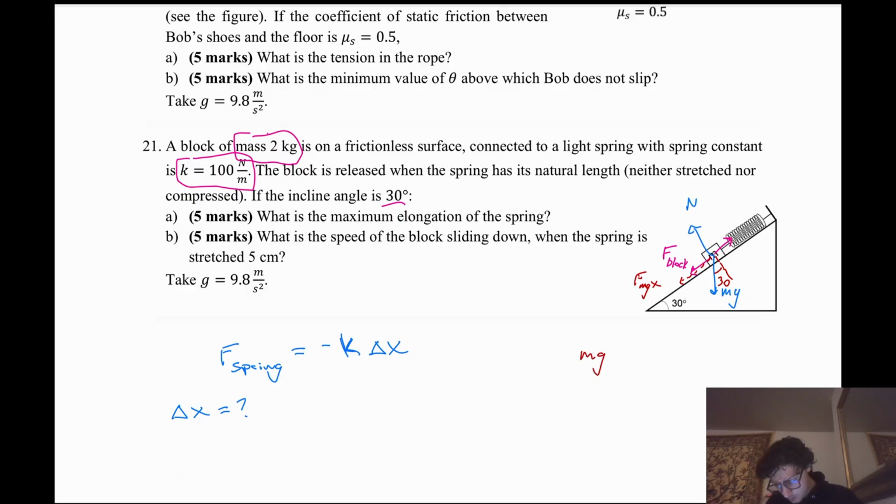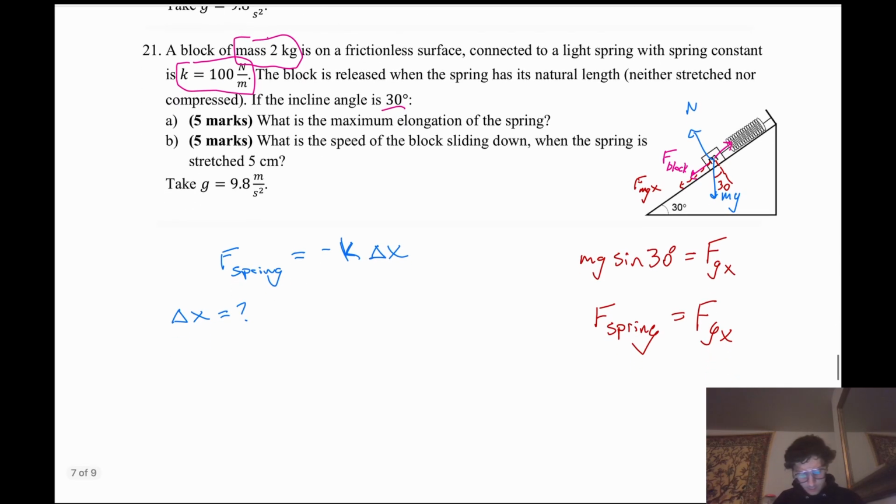So mg sine 30 degrees is equal to F g in the x direction. We have m, and we have g. And I think F gx is exactly equal to F of spring. So F of spring is equal to F gx. That means we can plug this in, and oh man, we're cooking.